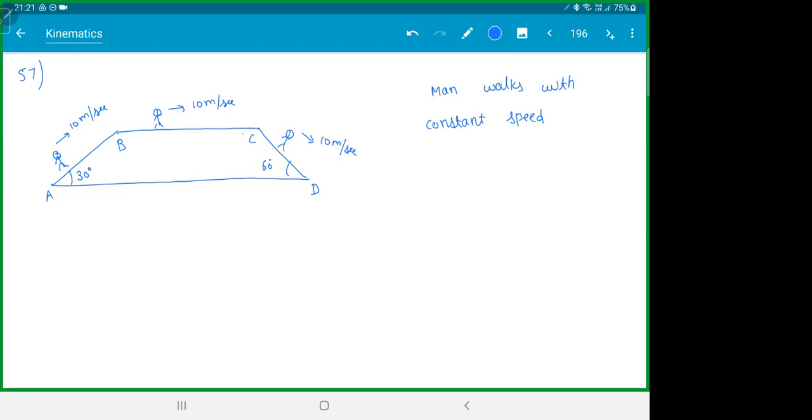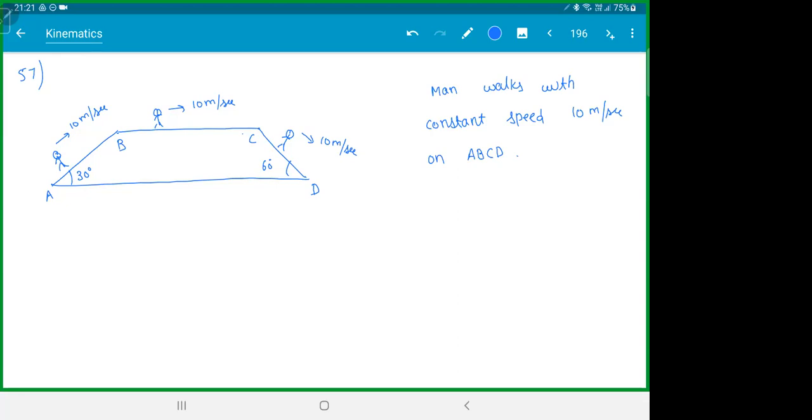Next thing, man walks with a constant speed, 10 meters per second on ABC. It doesn't matter whether you're walking on the incline or flat, he is just walking with a constant speed.